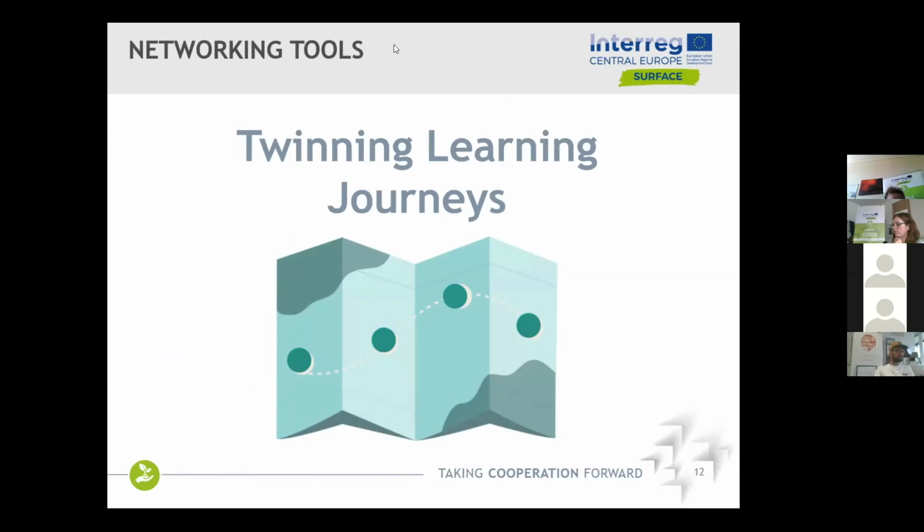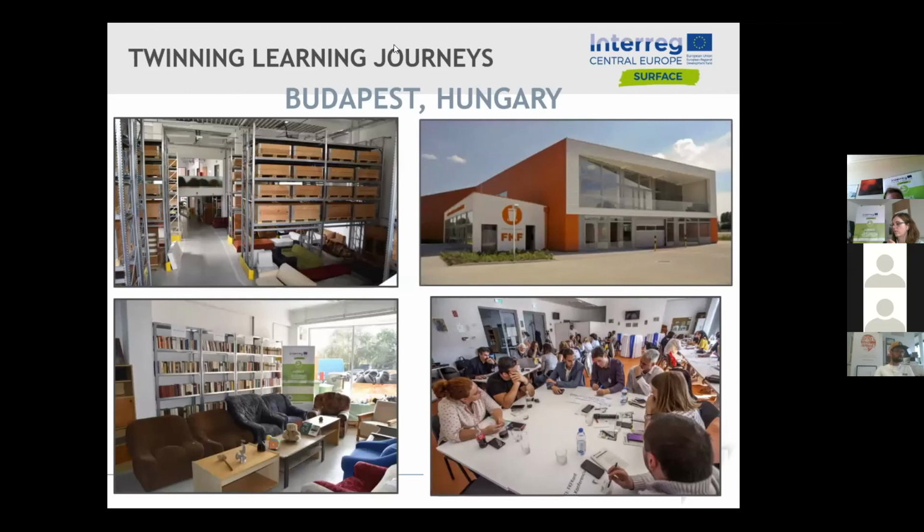3 of our first visits took place in a physical, normal form. The last 2, because of the recent situation, COVID-19, were prepared in online version. The first trip our twinning partners held last year in October, and they went to Budapest, where for the first time we had the opportunity to introduce our twinning partners and show them the smart reuse park launched there.